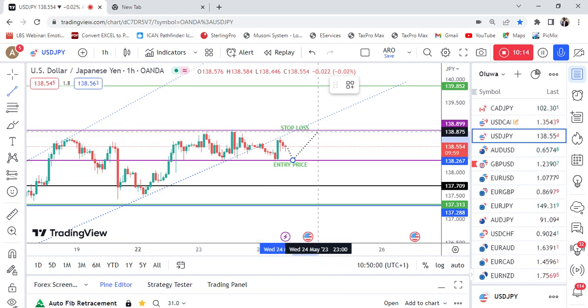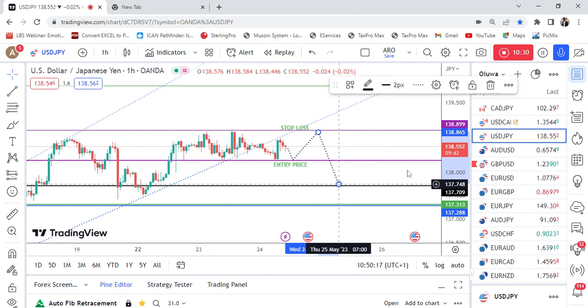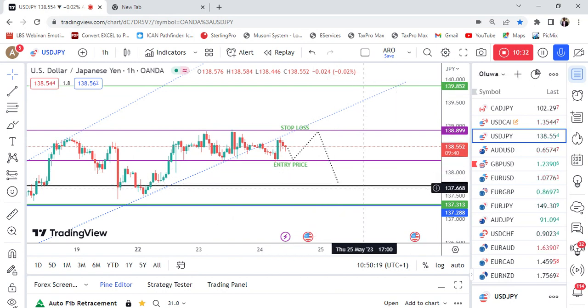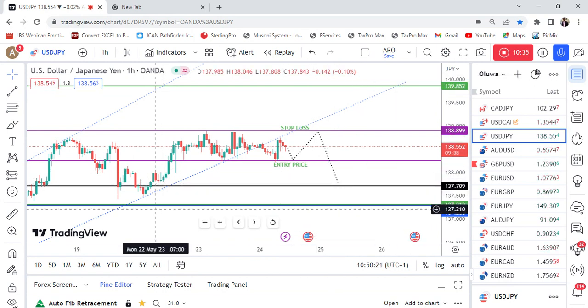We'll check this by tomorrow to know how the market has obeyed our analysis. So that's what might likely happen, if not today, then before Friday. What we draw in that place is going to happen.